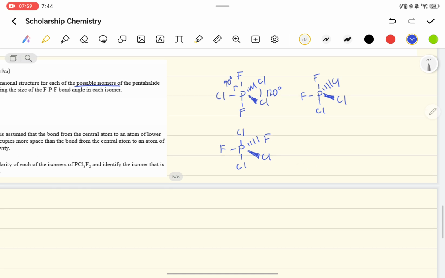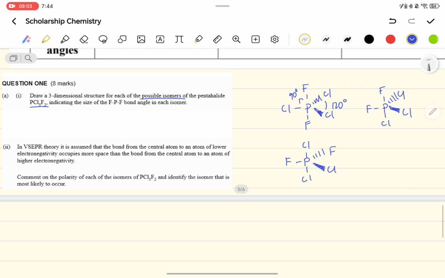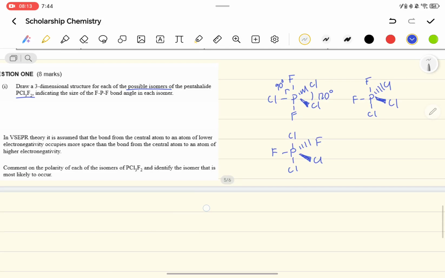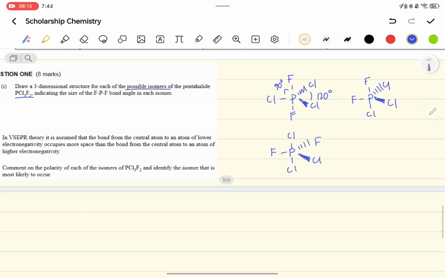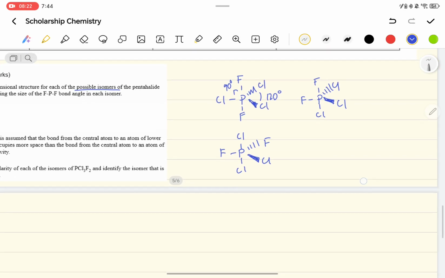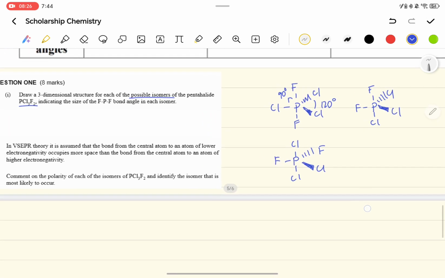In this case, fluorine is the most electronegative, the atom with high electronegativity, so it occupies less space than chlorine. And it asks which isomer is most likely to occur. I'm not going to comment on polarity for this video, because that's not our aim. So which is most likely to occur?